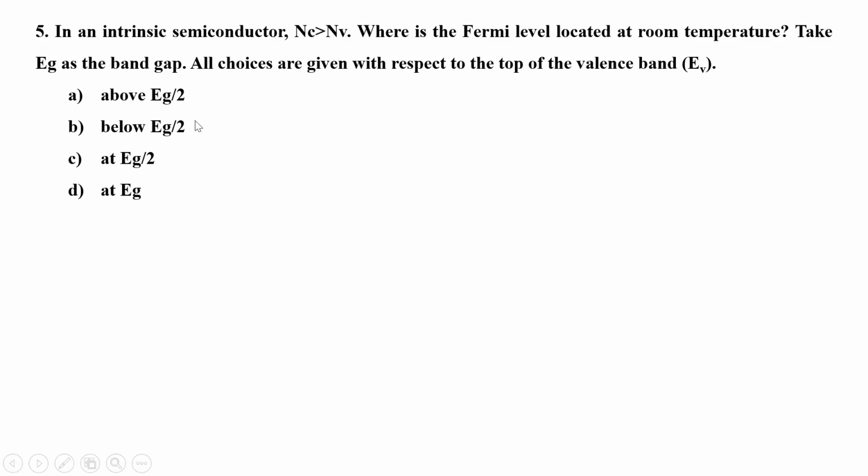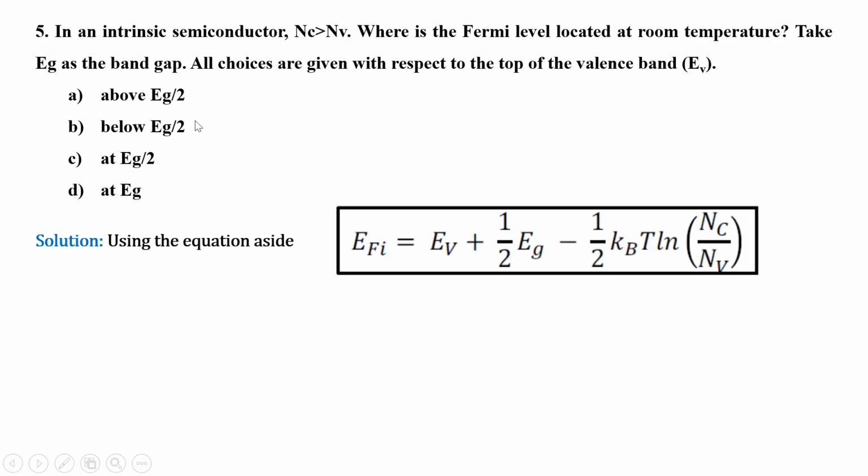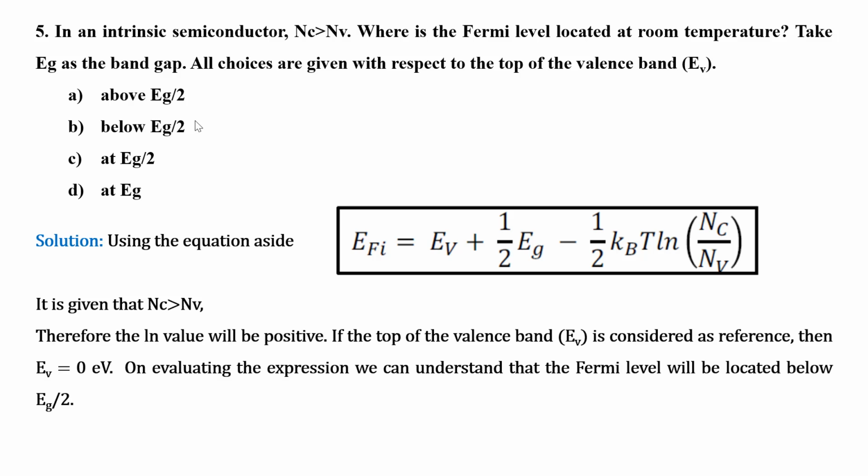So, the answer. We know that EFi is equal to EV plus half of Eg minus half of kBT ln Nc by Nv. It is given that Nc is greater than Nv, which means that Nc by Nv will be greater than 1. So therefore the ln value will be positive.